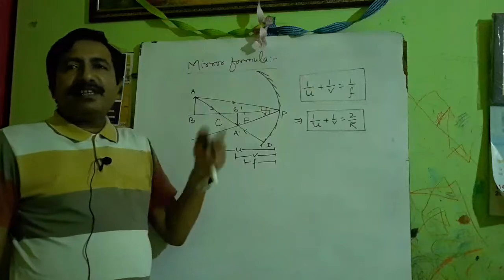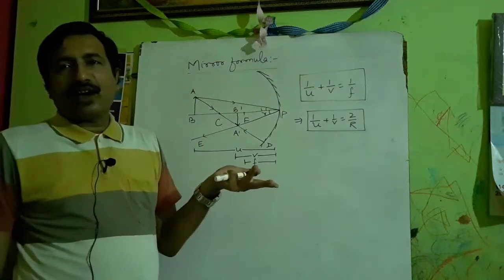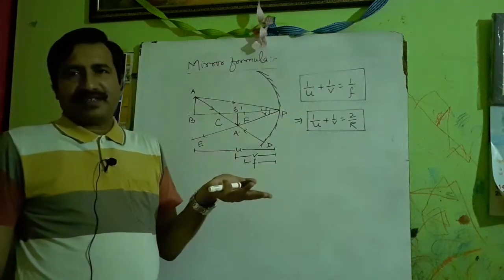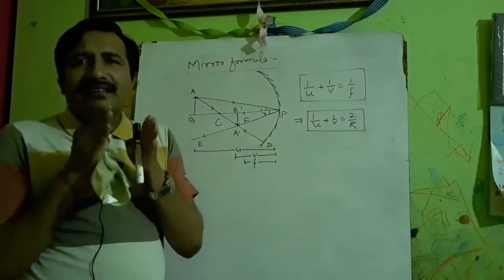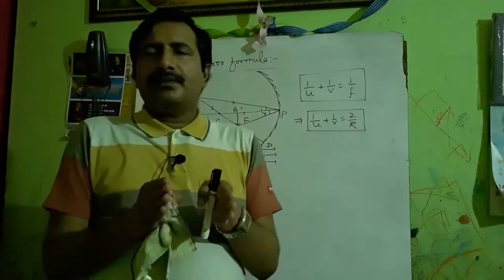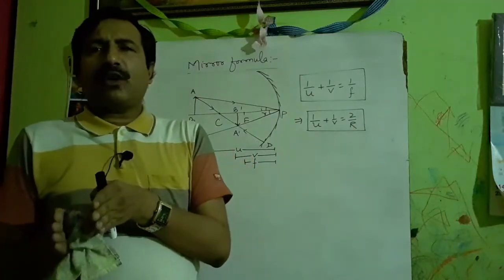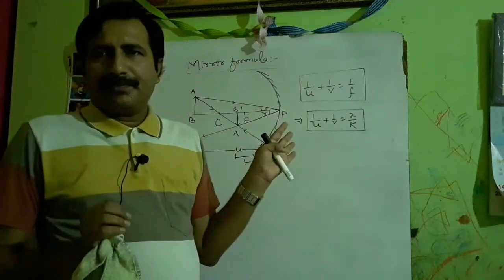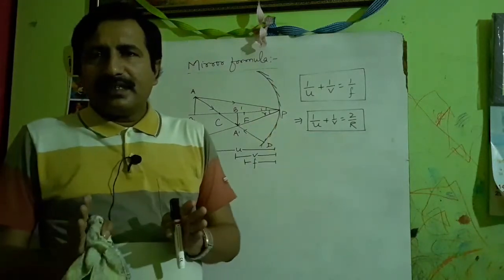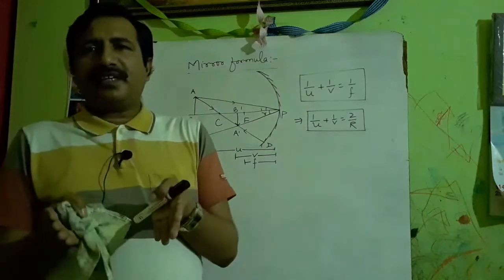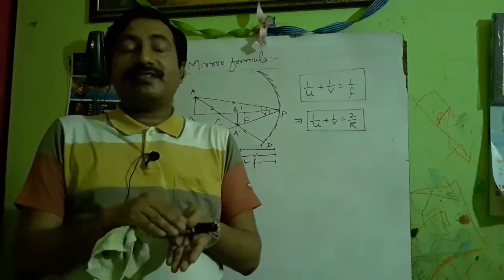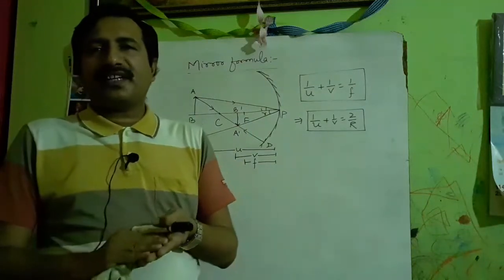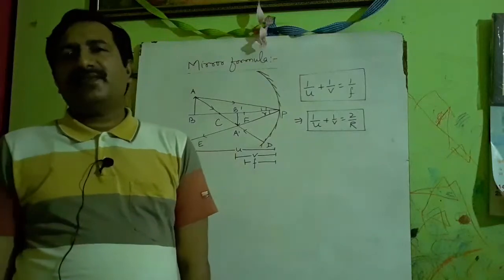The image can be larger than the object. The image can be equal to the size of the object. So the size of the image with respect to the object is called the magnification produced by the mirror. Have you understood? The size of the image is how many times the size of the object, that is called magnification.